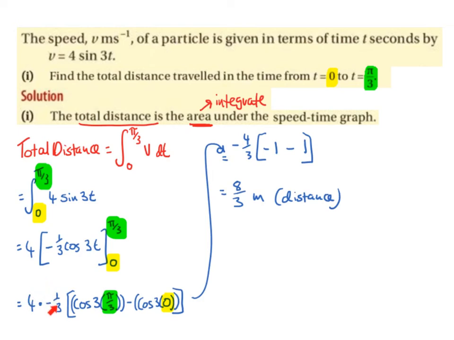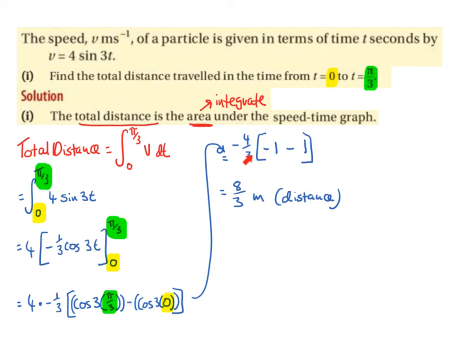So 4 times minus a third will be minus 4 over 3. We swap the t for pi over 3. Then we have a minus, and then we swap the t for 0. So cos 3 times pi over 3 is minus 1. And cos 3 times 0 is 1. And you've got your minus in between.